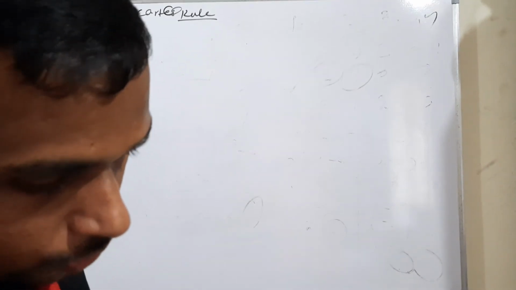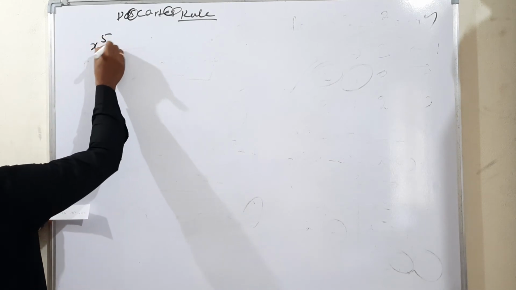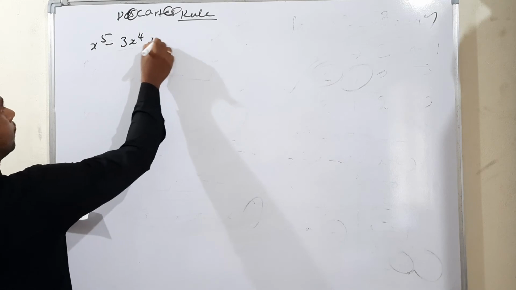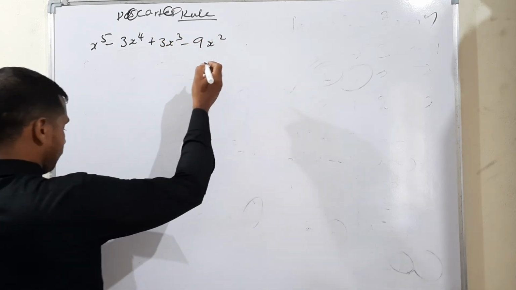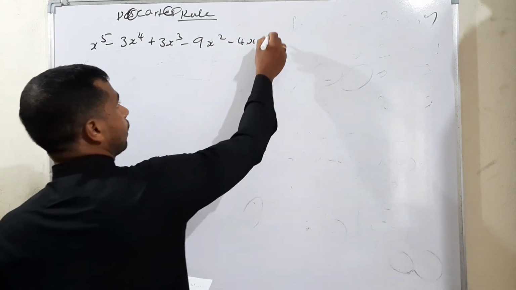So what is the question actually? One of the biggest ones: x power 5 minus 3x to the power 4 plus 3x cube minus 9x square minus 4x plus 12. Okay.